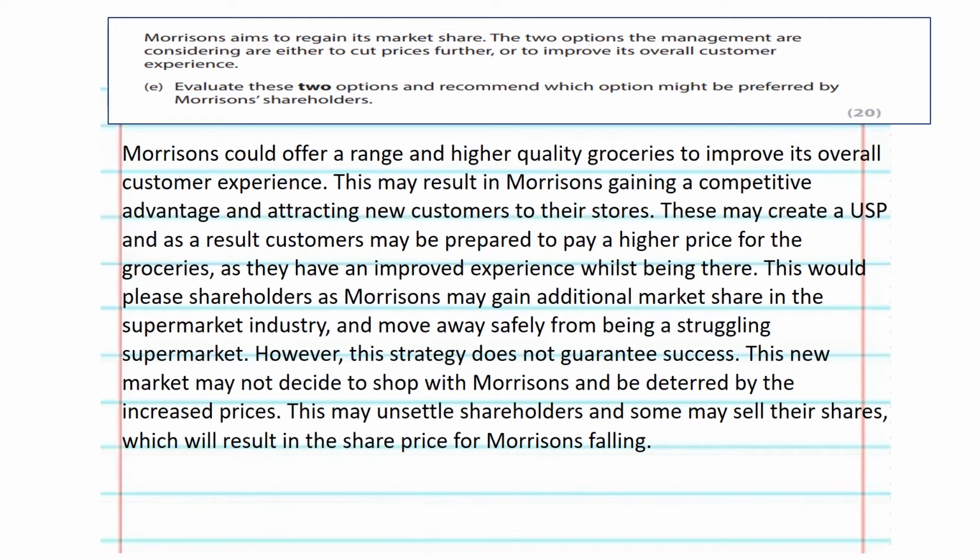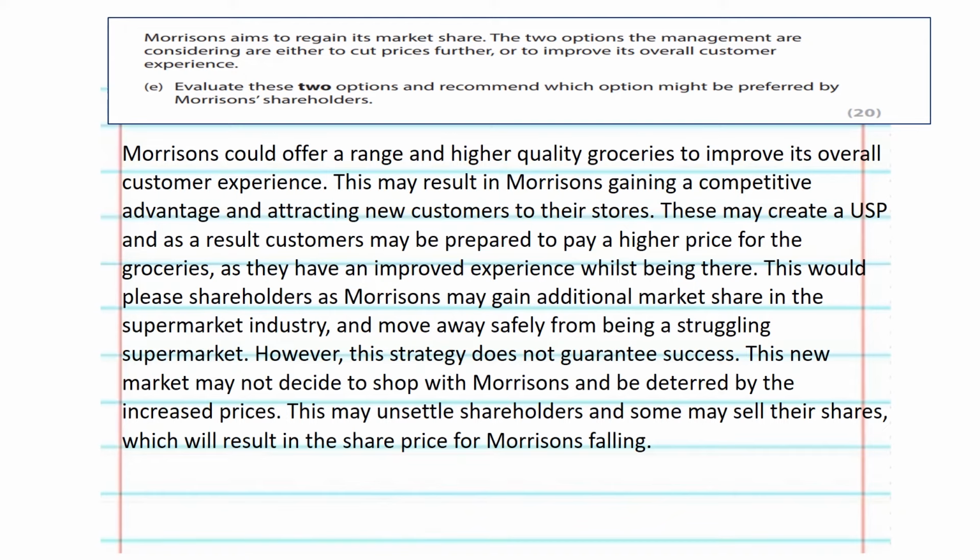This would please shareholders, as Morrisons may gain additional market share in the supermarket industry and move away safely from being a struggling supermarket. However, this strategy does not guarantee success. This new market may not decide to shop with Morrisons and be deterred by the increased prices.